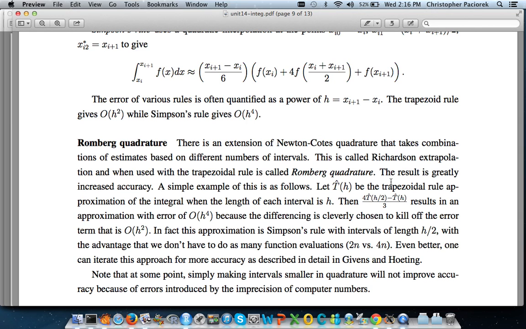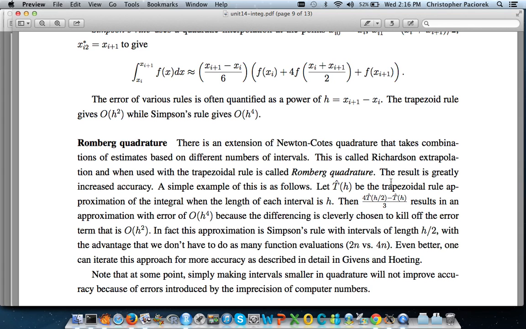And if we take this error and think about that same error, but now with h over 2, instead of h we have h over 2 here, so we have the same constant times h squared over 4, plus some term that's order of h to the 4th still. I haven't written out the constants here.